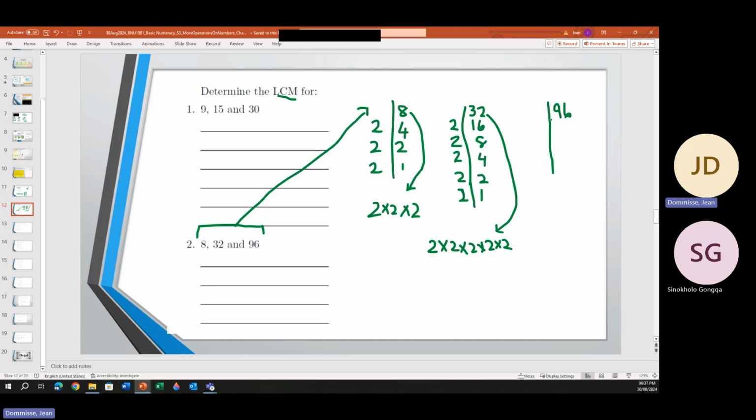Okay, so let's look at 96. 2 goes into 96 48 times. 2 goes into 48 24 times. 2 goes into 24 12. 2 goes into 12 6 times. 2 goes into 6 3 times. 3 goes into 3 once.